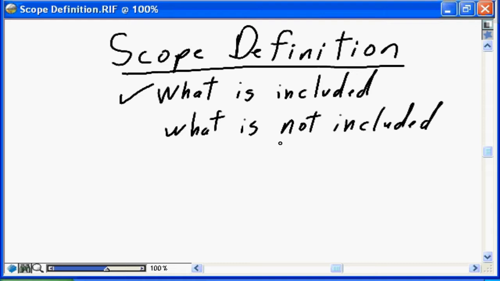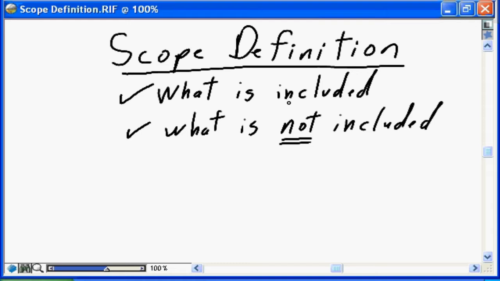So often it's as easy to define what is not included in the scope as well as what's included in the scope. Sometimes it is as easy to define what is not included as it is to define what is included.